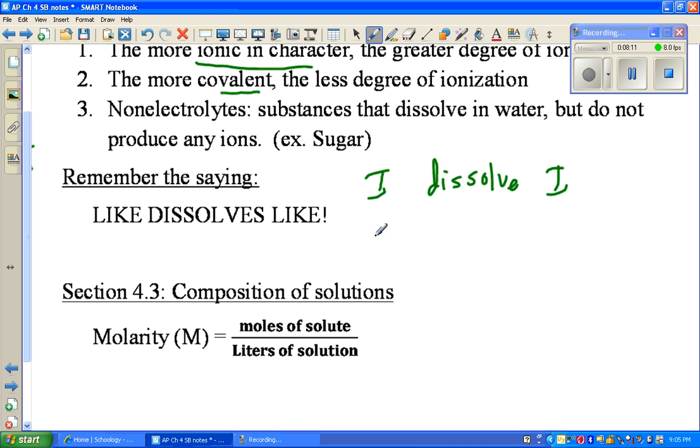And then we can say that polar substances are going to dissolve polar substances and non-polar substances are going to dissolve in non-polar substances. An example of a non-polar substance would be your acetone, your fingernail polish remover. Polar substances would be water, and ionic substances are like salt.